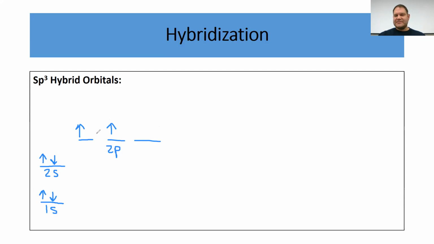So what that means is that the way this is written currently, carbon can only form two bonds. It can form a bond here and a bond here, okay? But that's it.